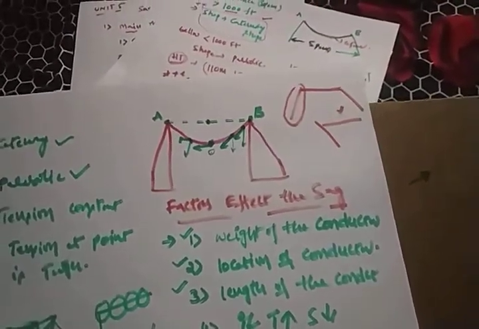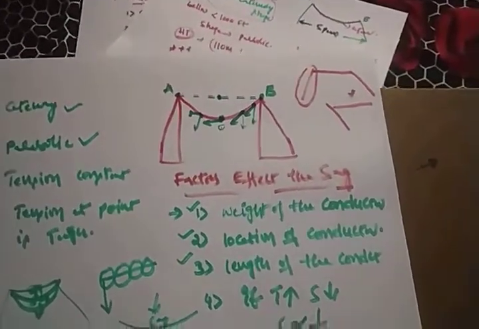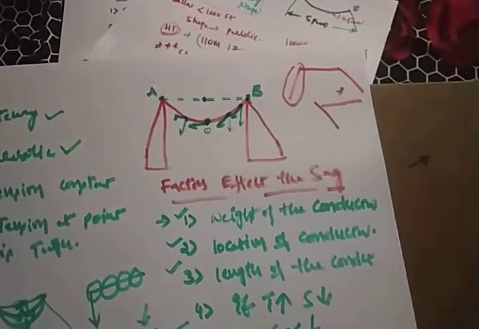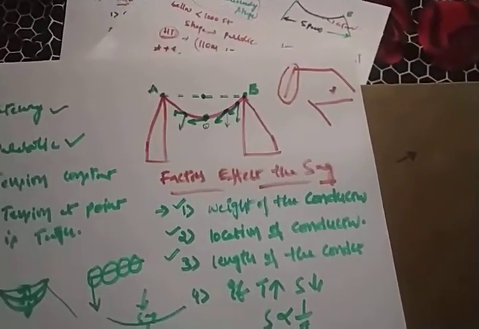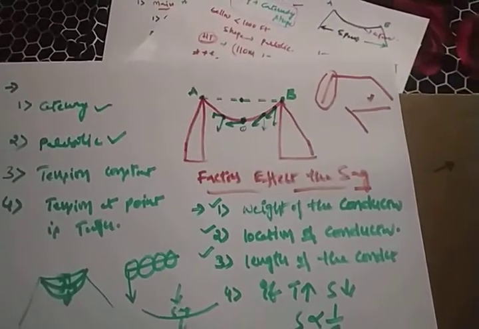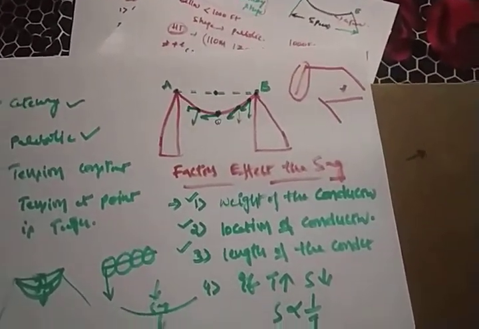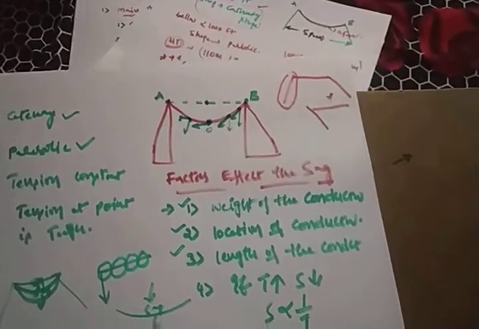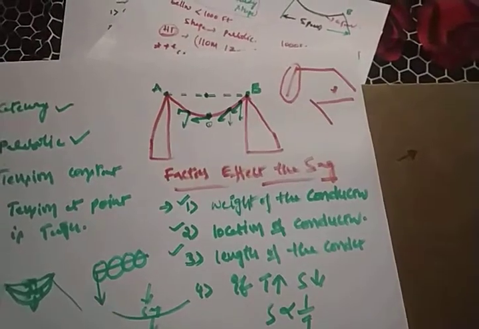If the load is assumed at the center point, we call it a catenary shape. If the load is throughout the line, we call it a parabolic shape. Throughout the line, tension acts in the tangential direction, so at each and every point there is some tension, with horizontal and vertical components.